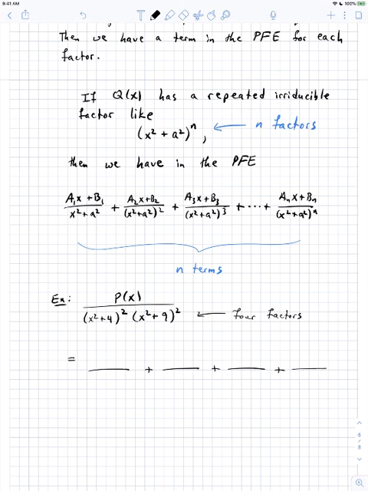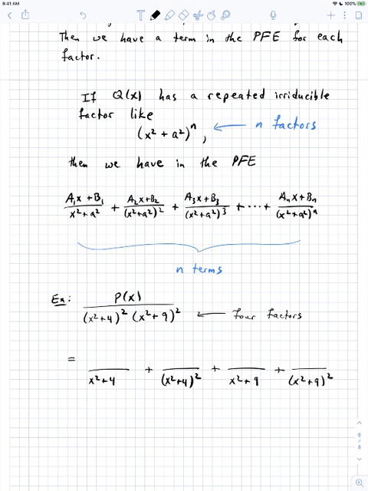And the first two come from x squared plus 4. So you're going to have an x squared plus 4 and then an x squared plus 4 squared. And then the next 2 come from x squared plus 9. So it's x squared plus 9 and then x squared plus 9 squared.